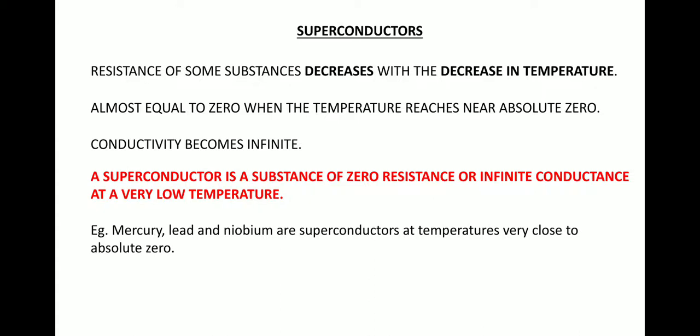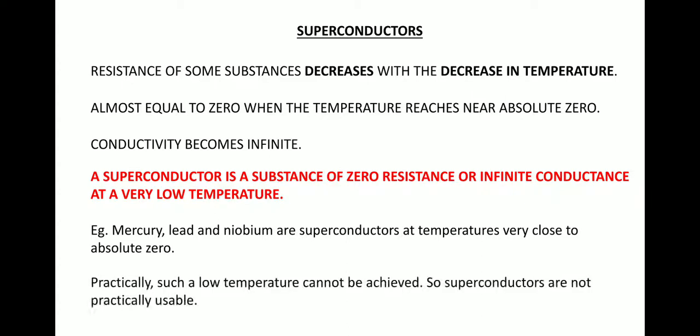It must be like 4 kelvins or 5 kelvins, somewhere around those values of temperature, that these elements, mercury, lead, niobium, will act as superconductors. But practically, since it's not possible to attain that much low temperature, the superconductors are not practically usable.